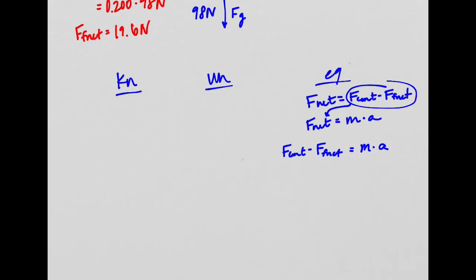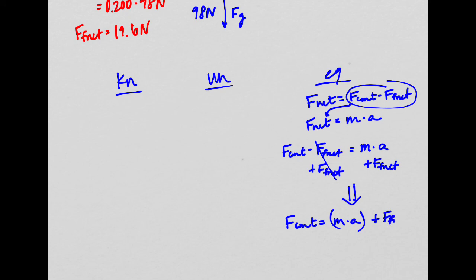What I need to do, though, is rearrange this so I'm just solving for my contact force, because that's what the problem asks for. So I'm going to add my friction force to both sides. So I cancel it on this side, and I get a final equation of my contact force equaling mass times acceleration plus my friction force.